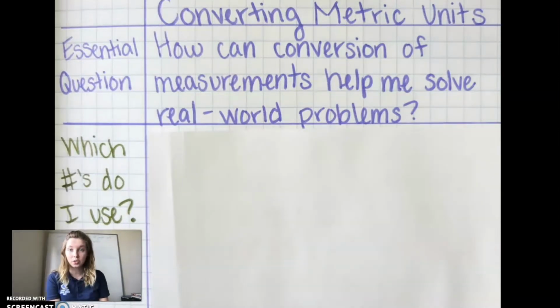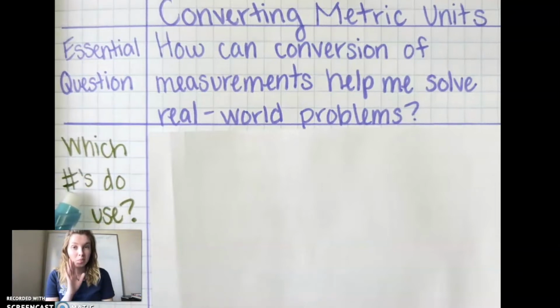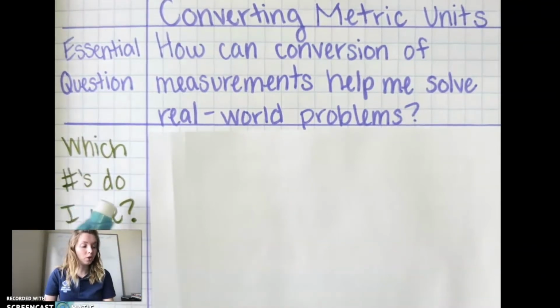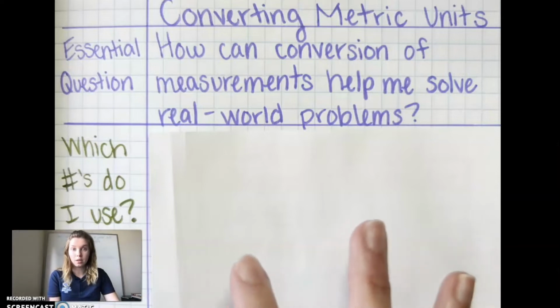Let's get started on the actual notes section of our notes. So the first question I wrote in the question column is, which numbers, it's a hashtag but it means numbers, which numbers do I use? When we're converting units, sometimes it's confusing to figure out which numbers to multiply or divide by. So there are two ways we can figure that out. The first way is to look at tables.